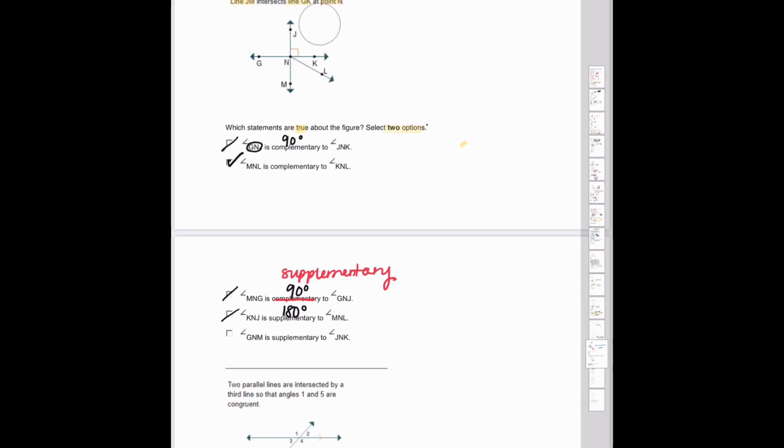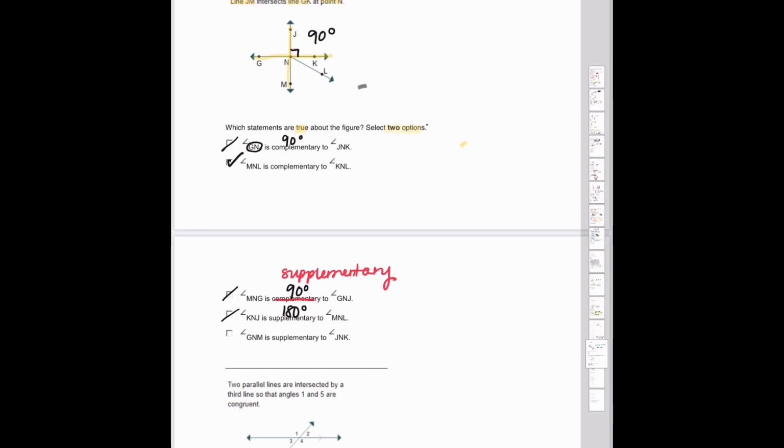The next statement states that G and M and J and K are equal to 180 degrees. Well, we know that J and K is in fact equal to 90 degrees.